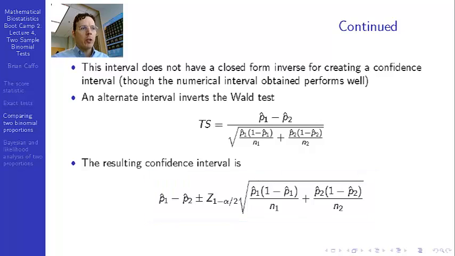By the way, do you see why you can't invert the score test? The reason being that the denominator was explicitly calculated under the specific null hypothesis that P1 equals P2.